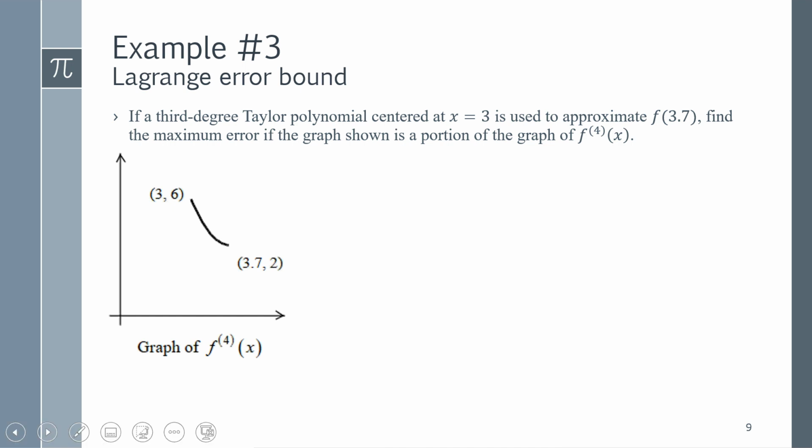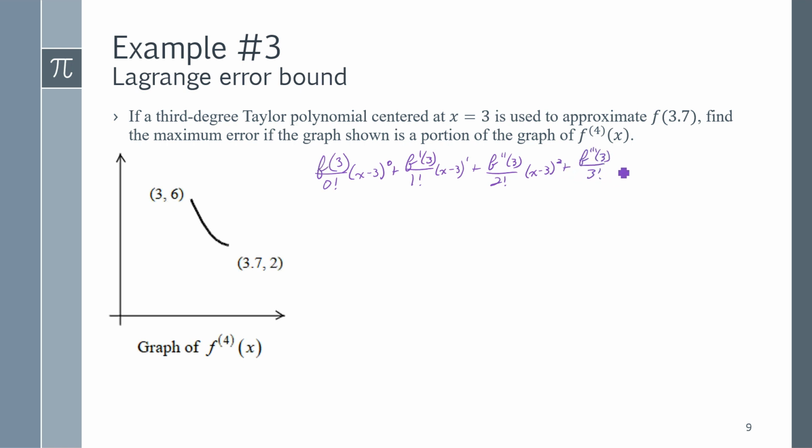So remember, for a Taylor series, if I have a center at 3, I'm doing f of 3 over 0 factorial times x minus 3 to the 0 plus f prime of 3 over 1 factorial x minus 3 to the first plus f double prime of 3 over 2 factorial times x minus 3 to the second plus f triple prime of 3 over 3 factorial times x minus 3 to the third.